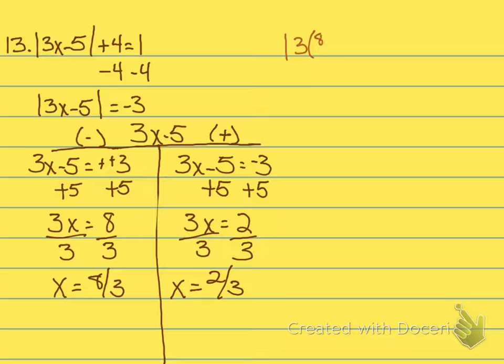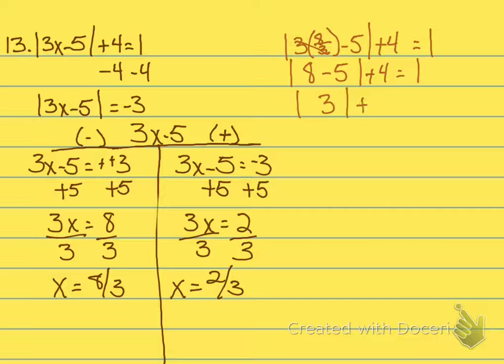Okay, now I'm going to plug our answers into our original equation. So I have the absolute value of 3 times 8/3 minus 5 plus 4 equals 1. My 8/3 times 3, my 3's cancel each other out.